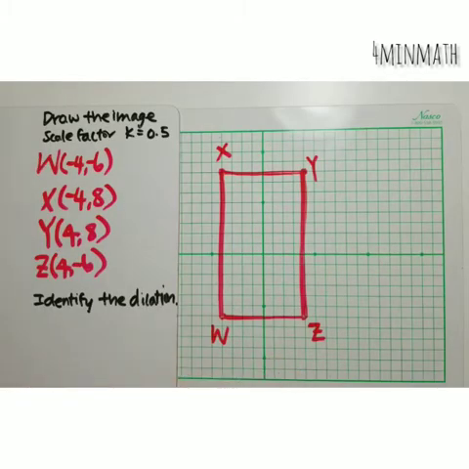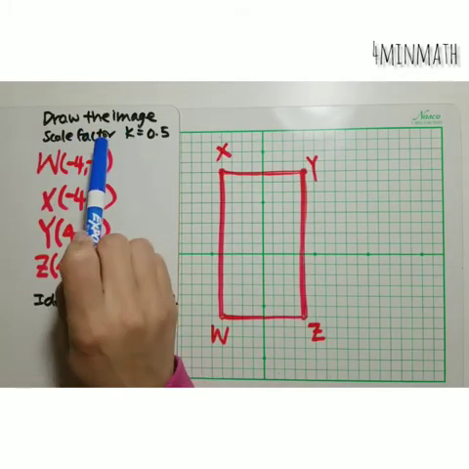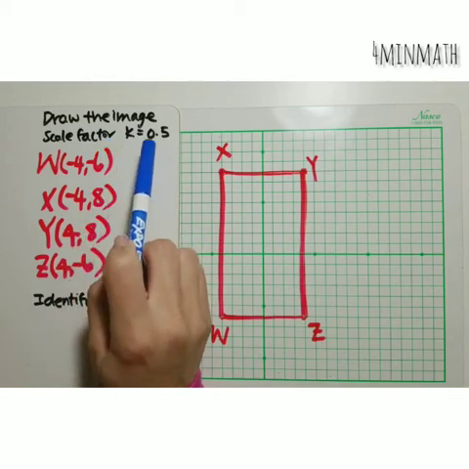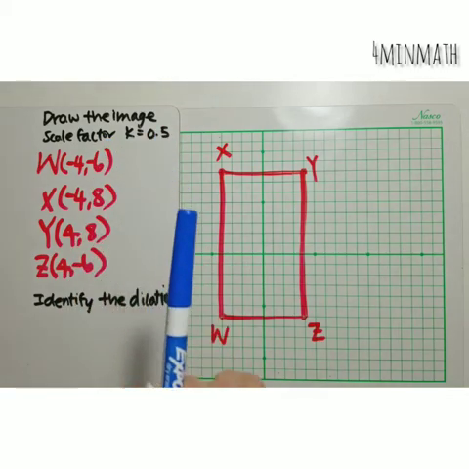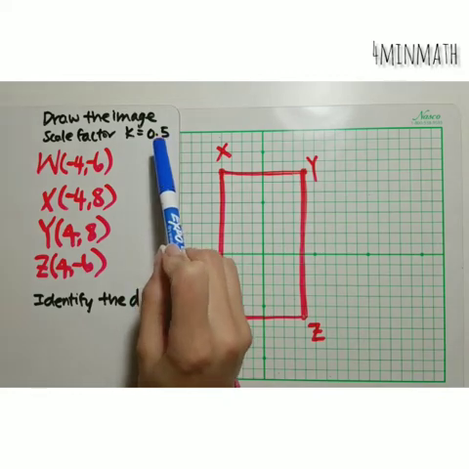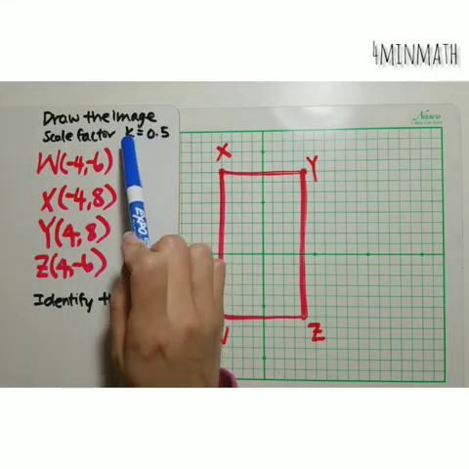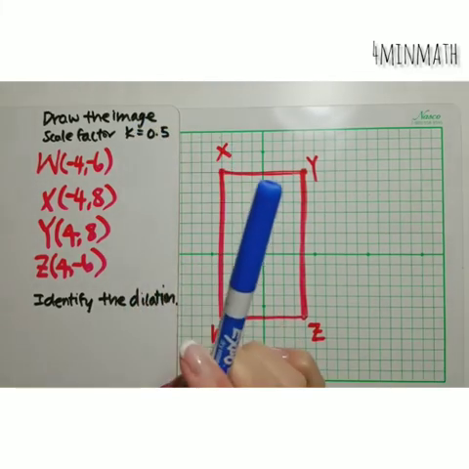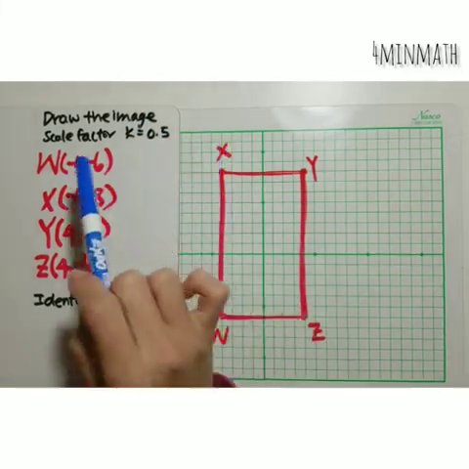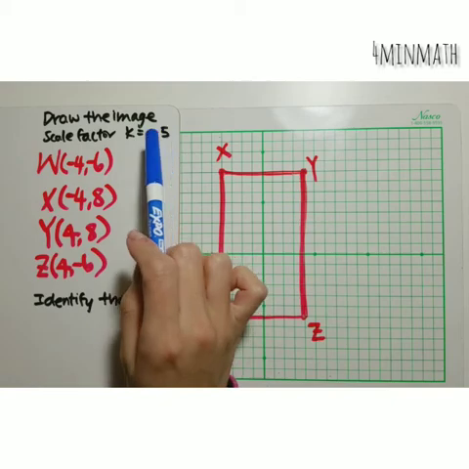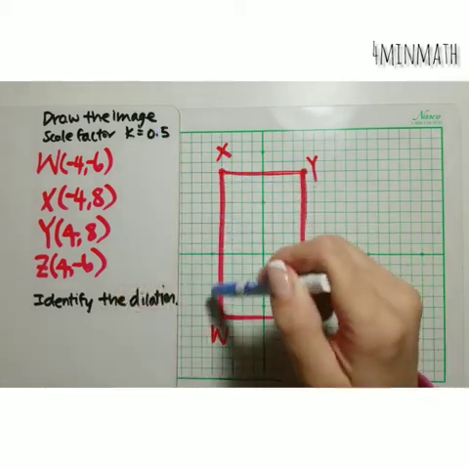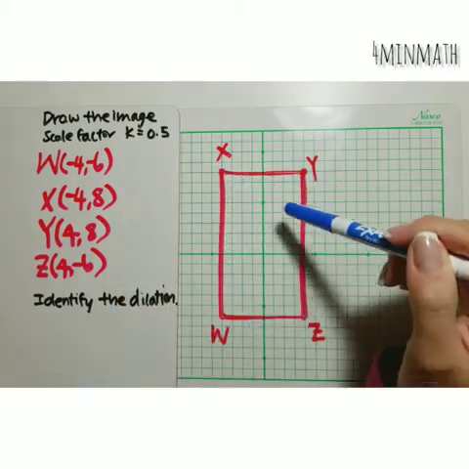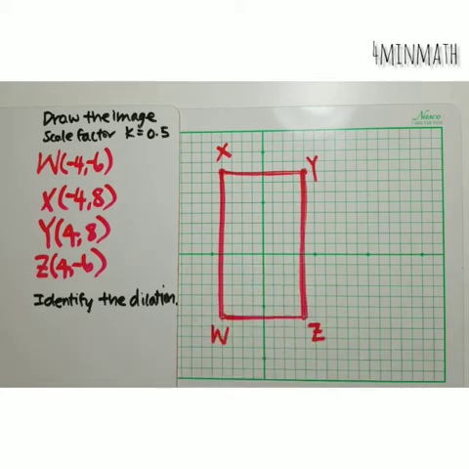Here's another question. Draw the image when scale factor K is equal to 0.5, which is the decimal. And I already know by looking at the definition from before, when K value is less than 1 but greater than 0, so in between 0 and 1, it's going to be a reduction. So my figure's image will be smaller because it's a reduction.